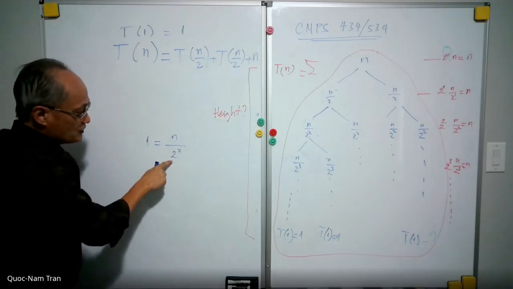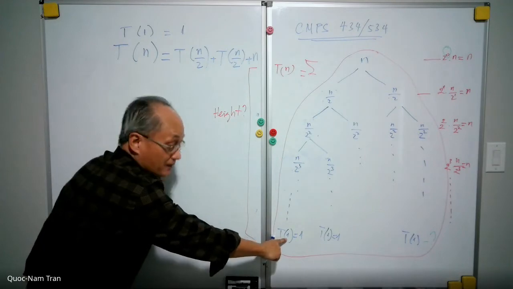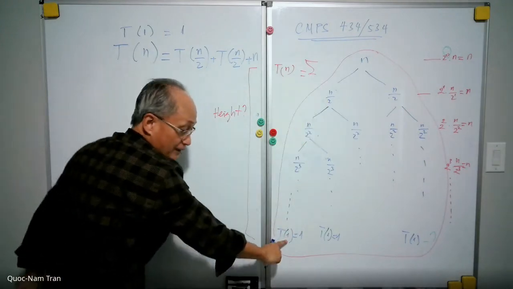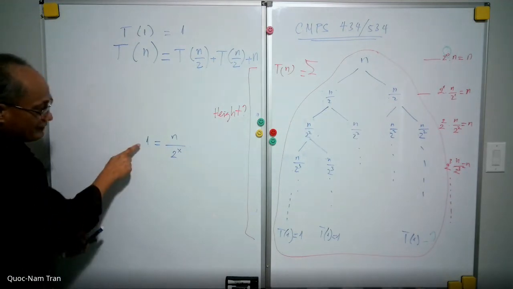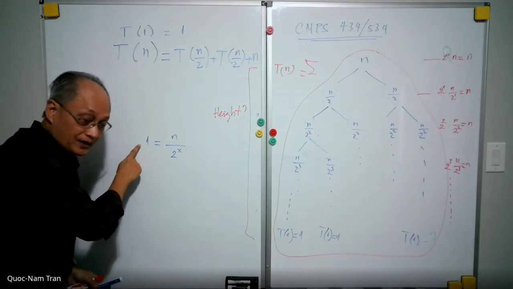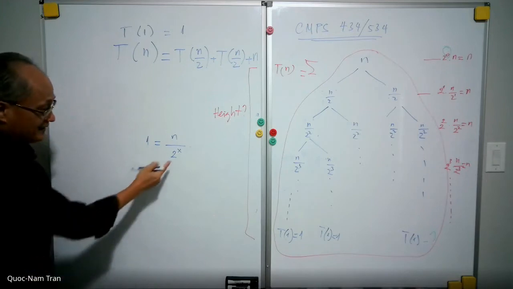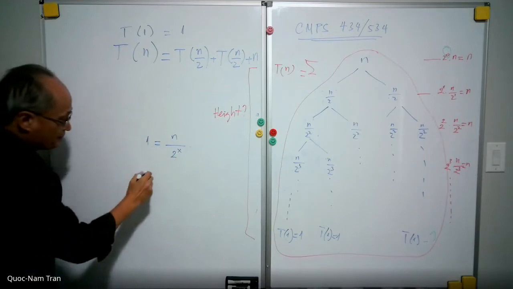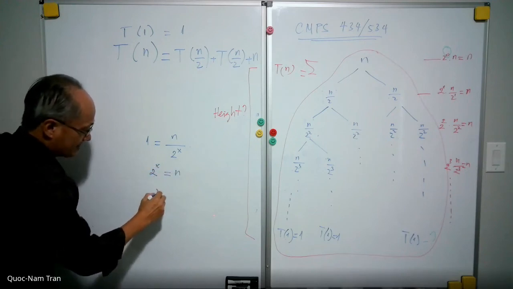N divided by 2 power to the x will be 1, right? Because here eventually it comes down to 1. So now, if we have this function, then what is x? Multiply this one up, you have 2 power to the x is n. Then what is x?